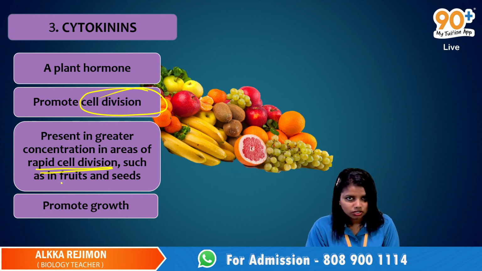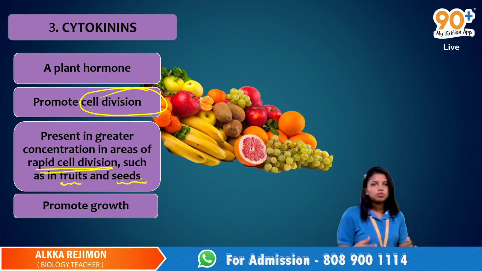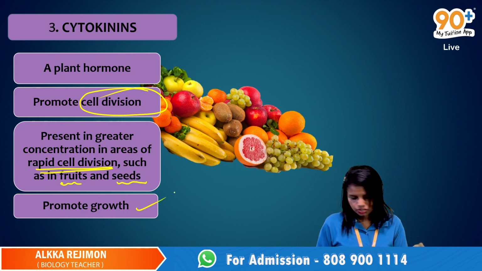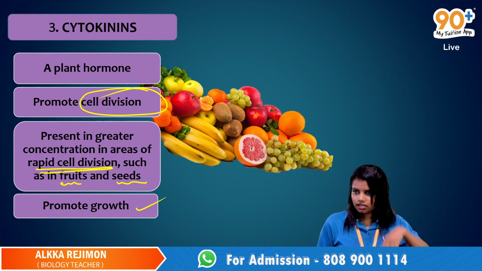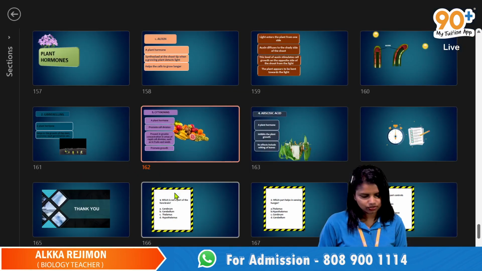Because of this property, cytokinins can be seen in fruits and seeds and all, because they are the parts where high metabolism is happening. So yeah, it promotes growth too. So cell division and growth promotion are the functions of cytokinin.